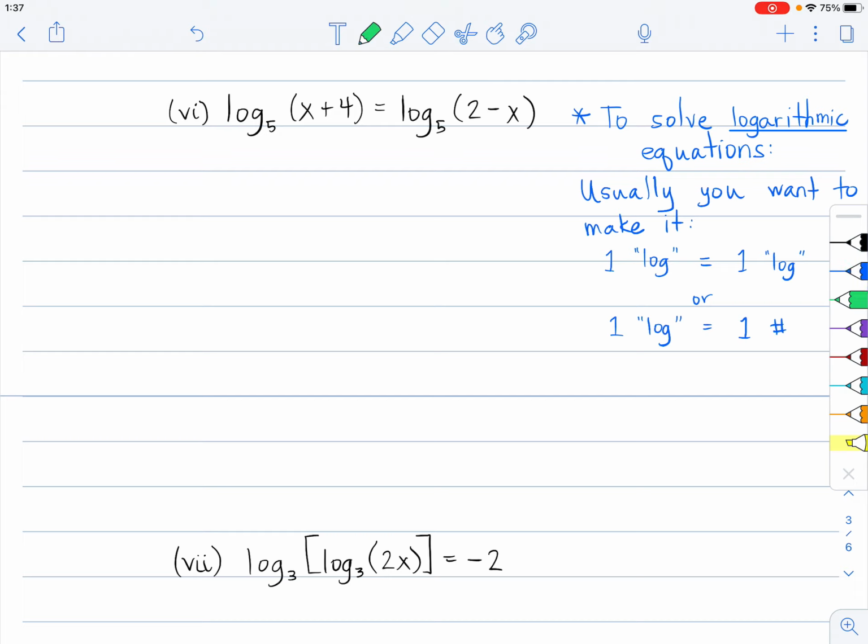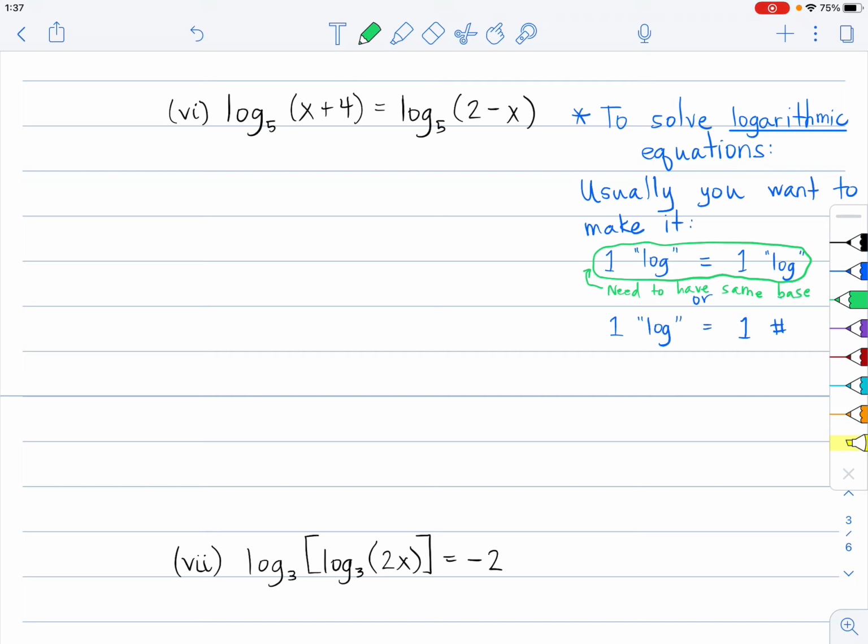In the first one, these need to be logs of the same base. So, I'm going to squeeze it in down here. Need to have same base.